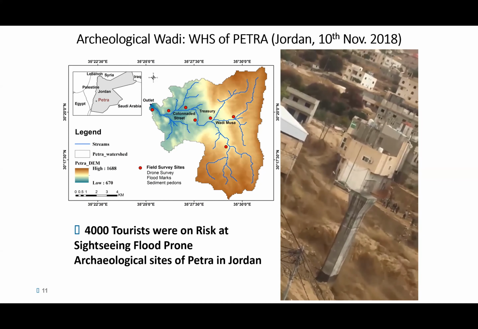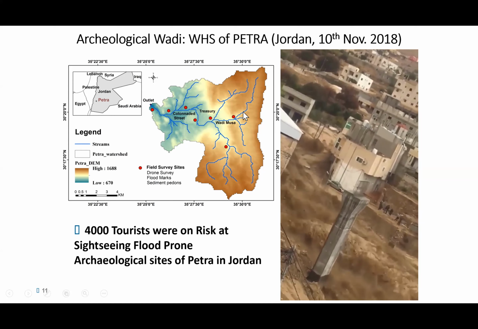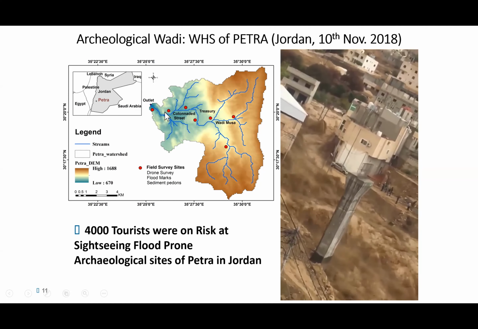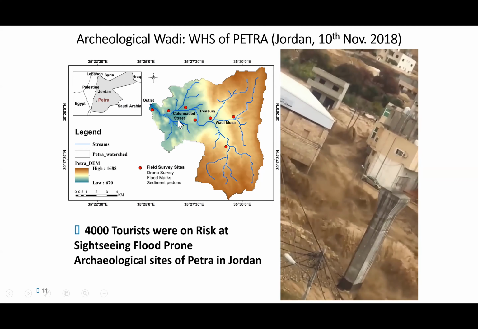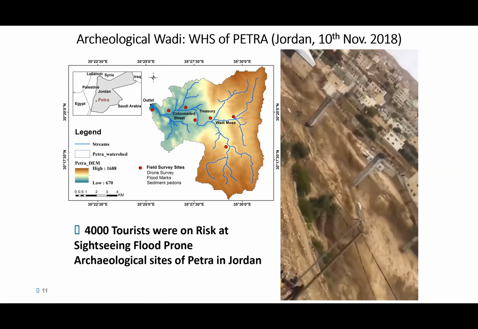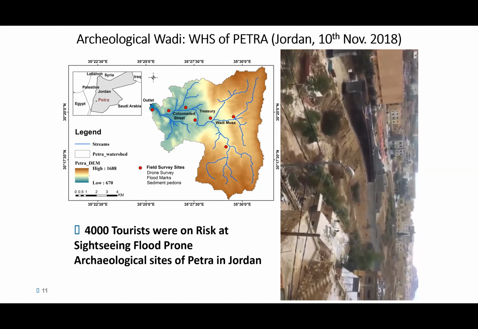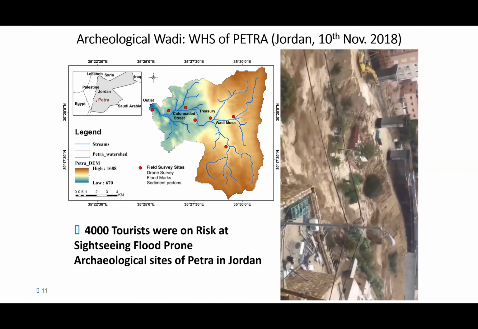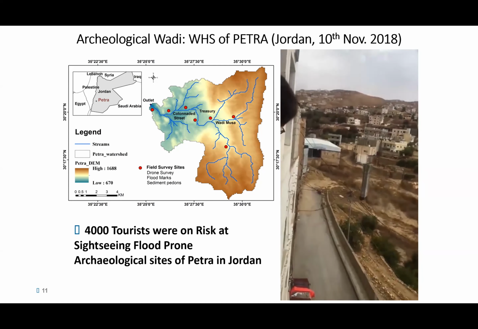As you can see, all of this water is coming from the Wadi Musa, which is the upstream part, going to the Siq area of Al-Bitra. So as I said, flash flood causes really big damage, and combined with sediment disaster, causes lots of severe human and economic loss.